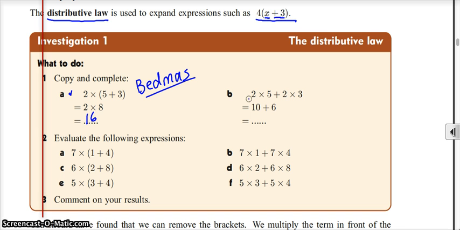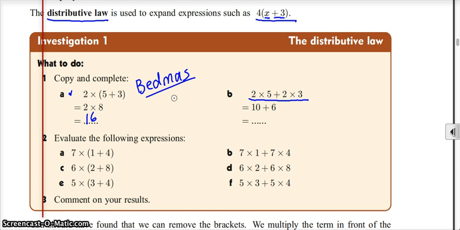What about with this process? 2 times 5 plus 2 times 3. What rule are we using there? Bedmass, because you follow that still. And so why are we using bedmass, Woody? That's right. Because with that, the multiplication goes before the addition.